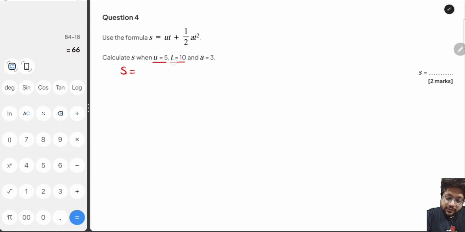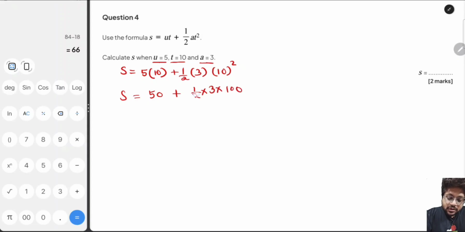U is given 5, T is given 10, and A is given 3. So let's replace U with 5 into T is 10 plus half times A is 3 and T is 10. So T square. So now 5 times 10 is 50 plus here half times 3 times 10 square is 100.